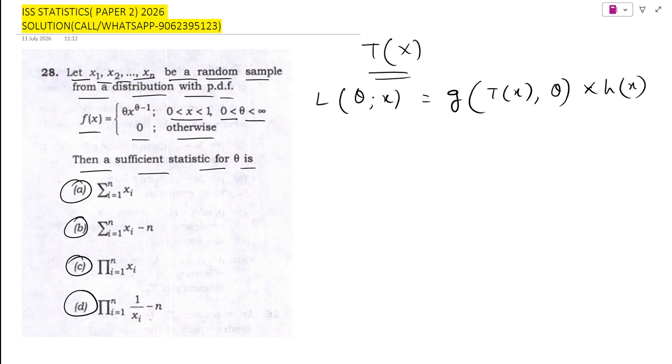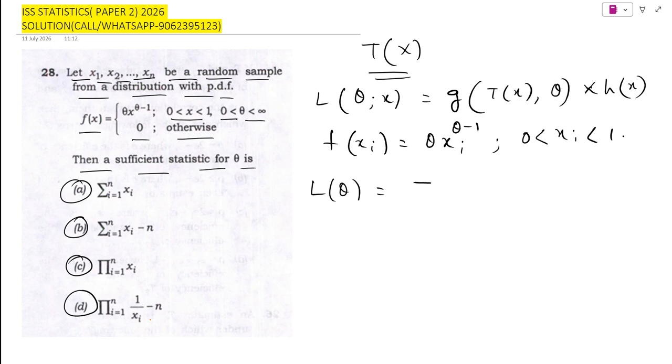Now, each observation has the density f of xi. Since the observations are independent, the joint likelihood becomes L of theta, the product from i equal to 1 to n of theta times xi to the power theta minus 1. Now separate the terms.